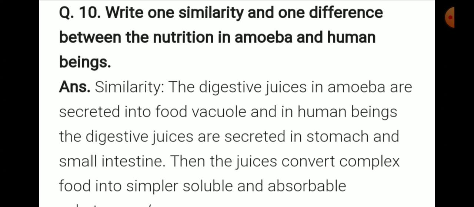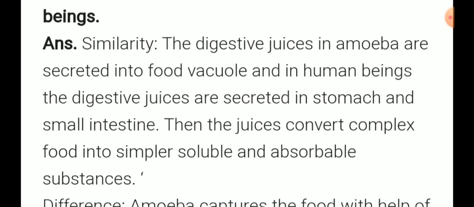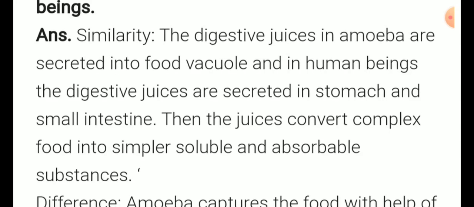Listen. Write one similarity and one difference between the nutrition in amoeba and human beings. Similarity: the digestive juices in amoeba are secreted into the food vacuole, and in human beings the digestive juices are secreted in the stomach and small intestine.